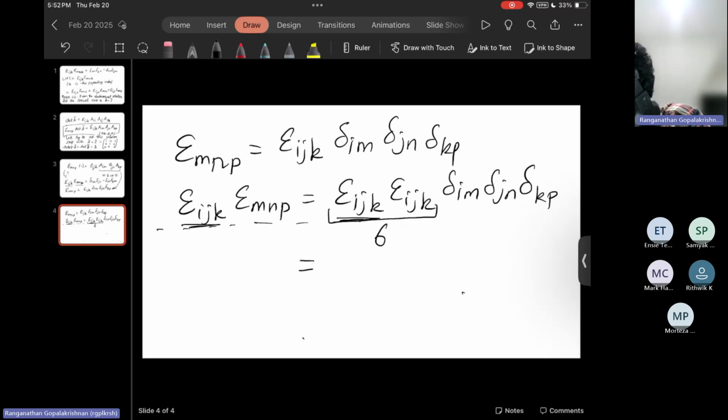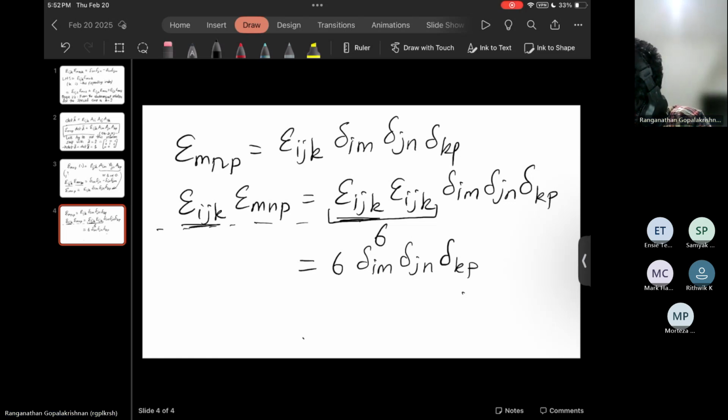Okay, so if we do that, this is 6 times delta im, delta jn, and delta kp. That doesn't lead us anywhere because none of them are repeating, so we can't do any summation.